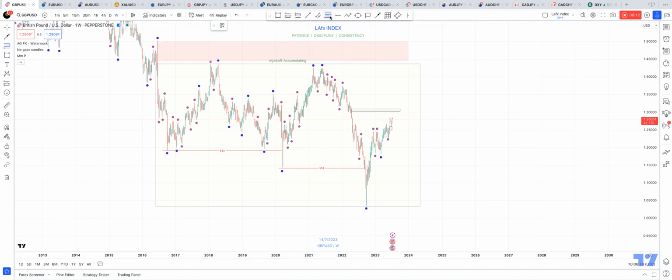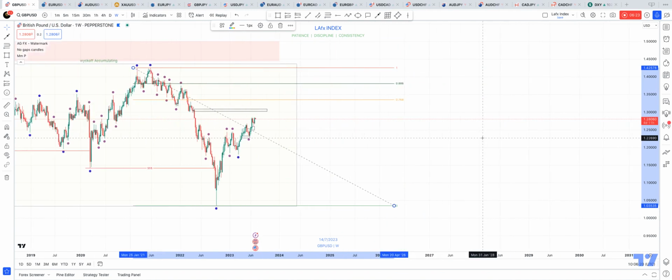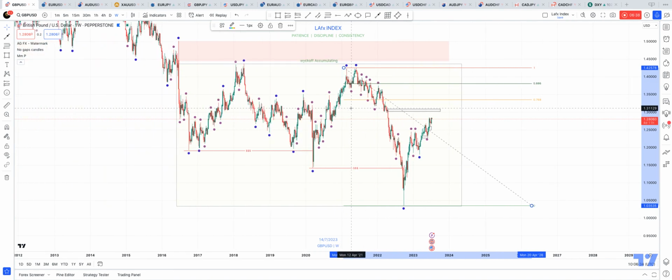Okay, price broke this with a wick on the 1 hour, so we would expect price to come all the way up here. We would expect price to come all the way up here towards the 88.6. So regardless whether it's a bearish thing we have or whether we're following that accumulation schematic, price is bullish up into this area, right? Now, we may have a reaction here.